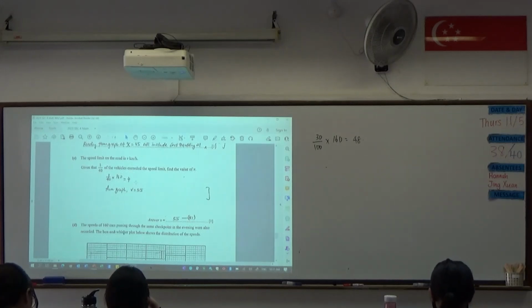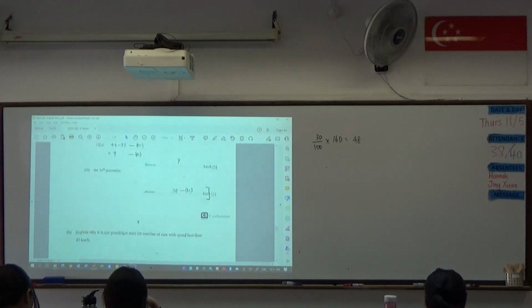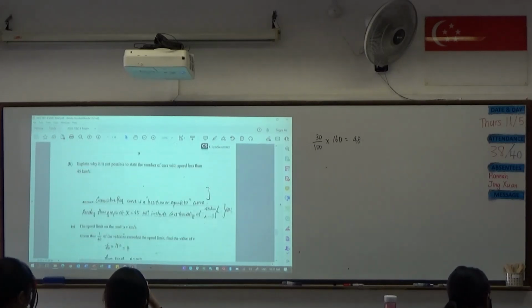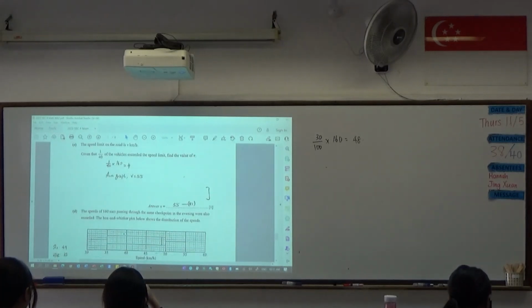Since we are exceeding the speed limit, that means we are counting from the back. So going back to the curve, from the back itself, we count 4 cars down, and then we will be able to read and determine the speed itself. So we get 55 as an answer.